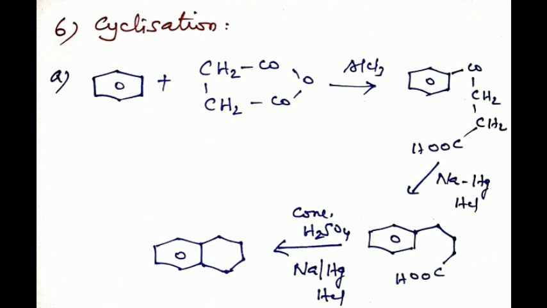This compound is further reduced in the presence of sodium amalgam with HCl to form phenyl butanoic acid, followed by concentrated sulfuric acid and Clemmensen reduction to form tetralin.